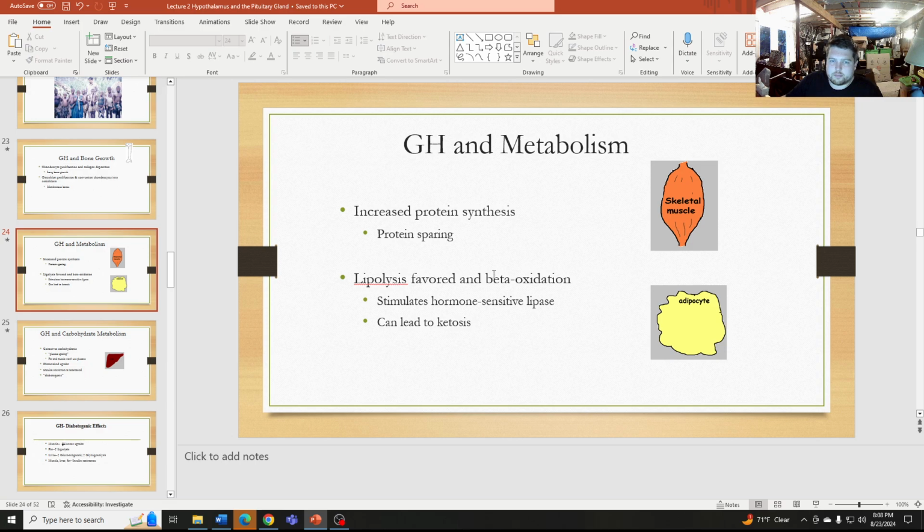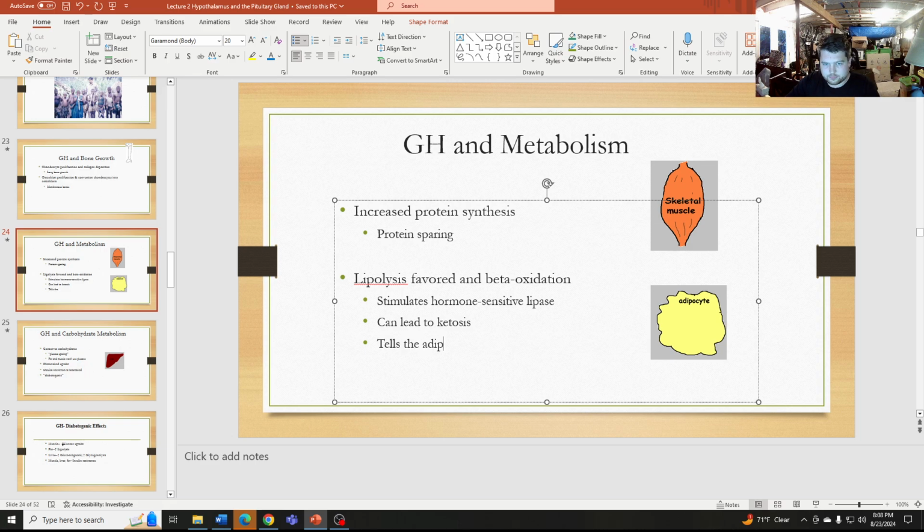Lipolysis is favored in beta oxidation, so it stimulates the hormone-sensitive lipase. This goes to the adipocytes, telling them to let go of more fat to use as energy as we grow.